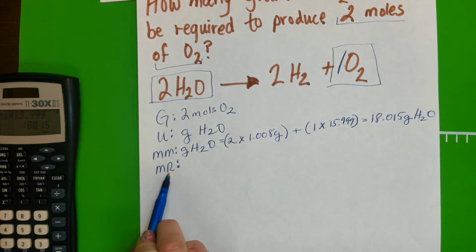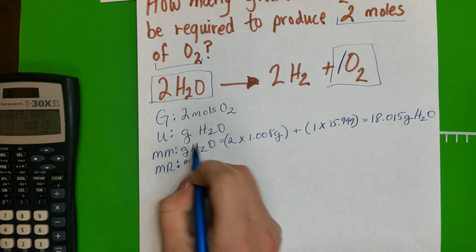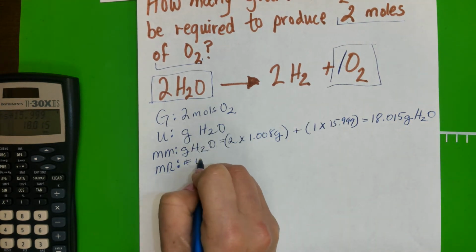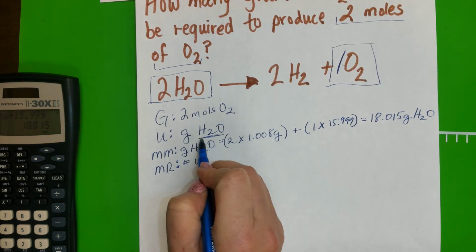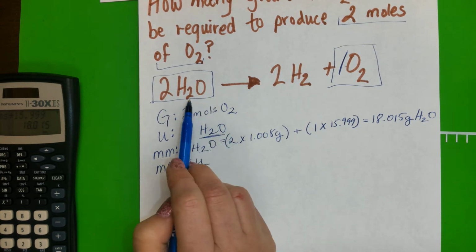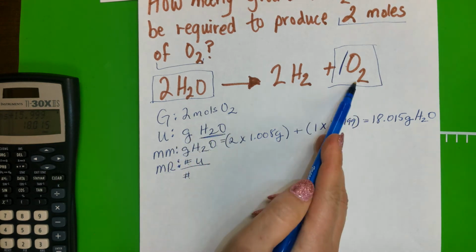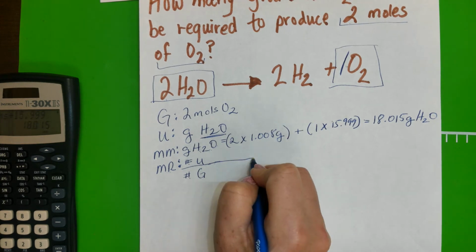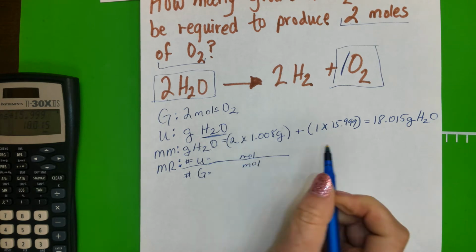Now the MR is your mole ratio. You're going to need numbers that you get from the equation. Your unknown will be the element or compound, divided by the number of your given, which is oxygen. So it's U over G, mole over mole. That's why it's called mole ratio.